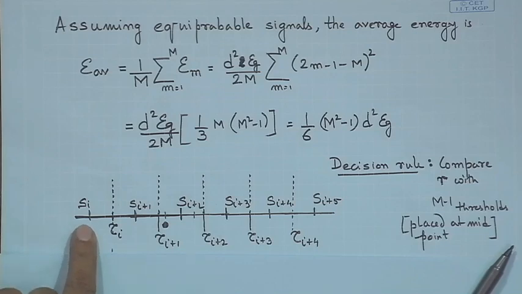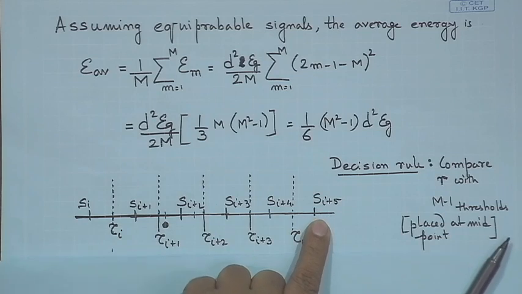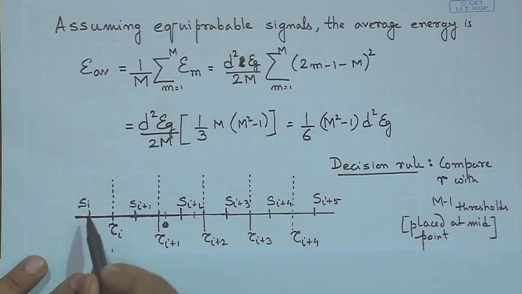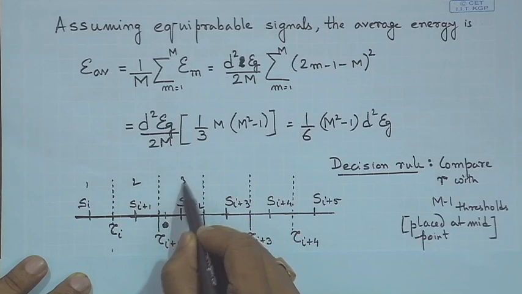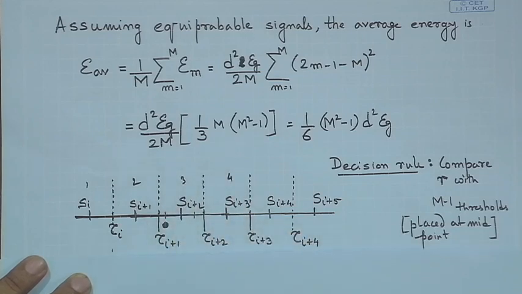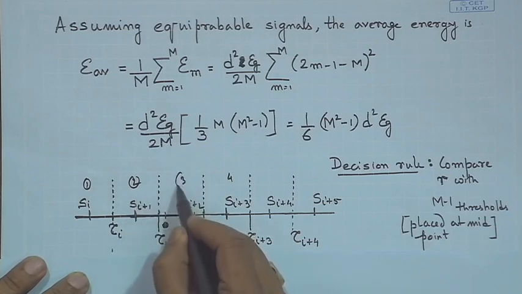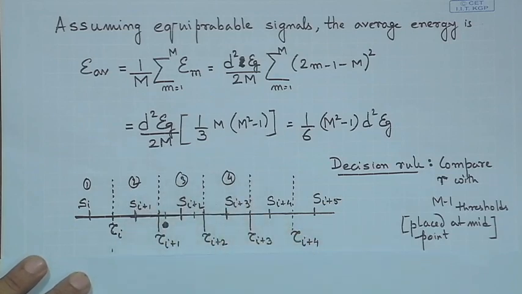What we see over here is S_i to S_(i+5) are the signal points, whereas tau_(i+1) are the threshold points. Clearly, if I have 1, 2, 3, 4 constellation points, we have one threshold between the first and second constellation point, the second threshold between the second and third, and the third between the third and fourth.